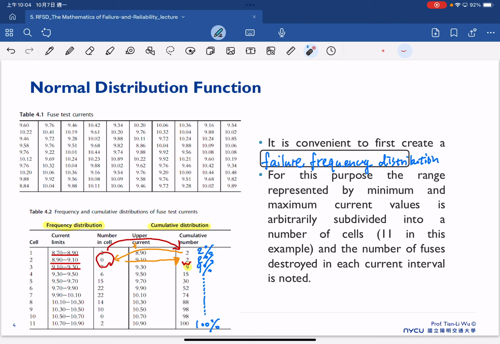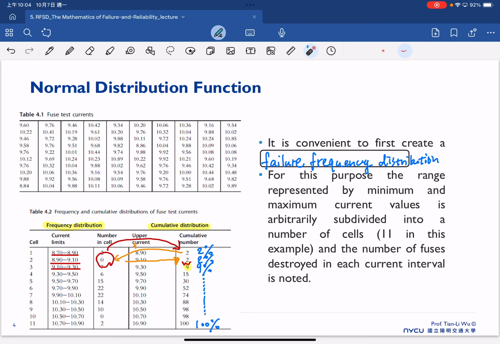So we divide into a lot of small groups. That's what we call the frequency distribution. We count how many fuses fail in each cell of this distribution. In the end, we can come out with a cumulative number, and once we have a cumulative number, we can also come out with a cumulative distribution.